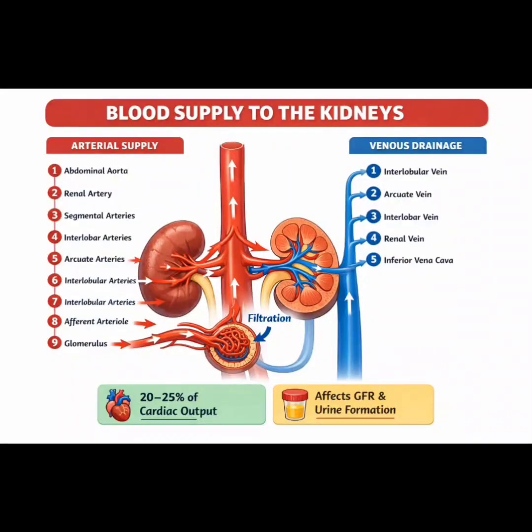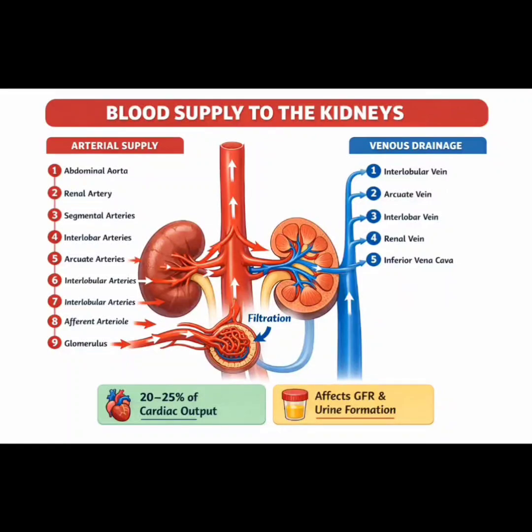Okay, let's talk about the blood supply to this unique organ. The major artery that supplies blood to this organ is the renal artery, and the renal artery carries blood from the aorta. The blood being received is full of waste, the mineral waste, salt, and other metabolic waste.